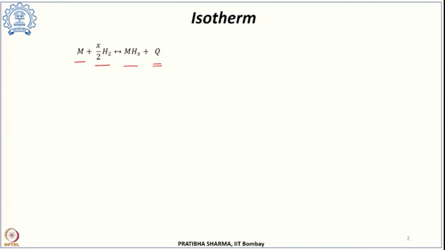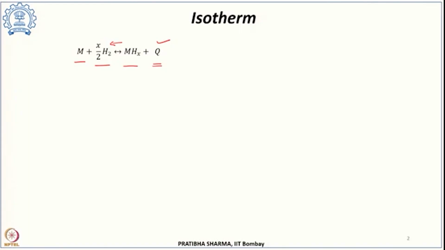So the forward reaction is an exothermic reaction, that is the hydrogen uptake process. While in the reverse reaction, when we want release of hydrogen from metal hydride, the metal hydride decomposes to give metal and hydrogen, and that much amount of Q needs to be supplied. That means it is an endothermic reaction.